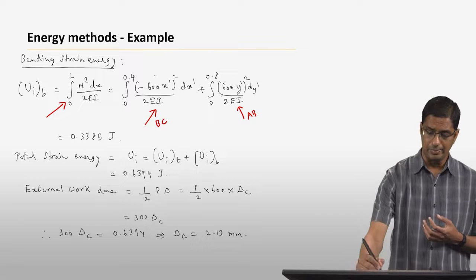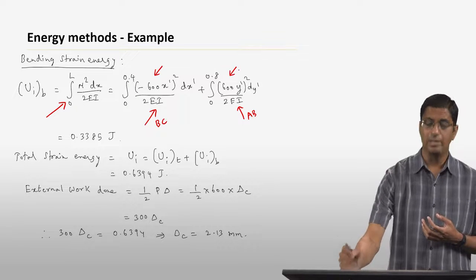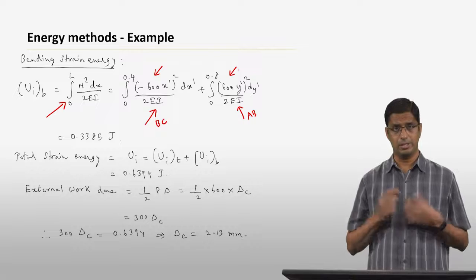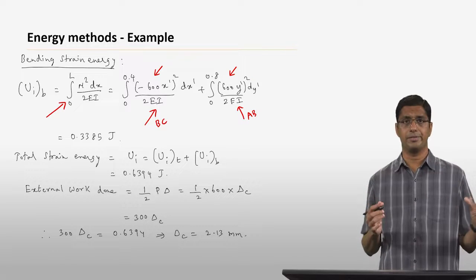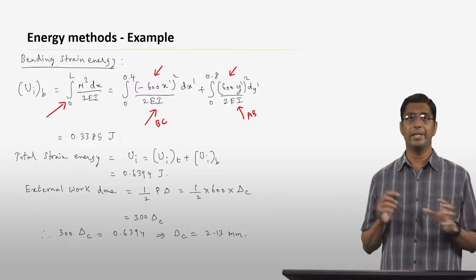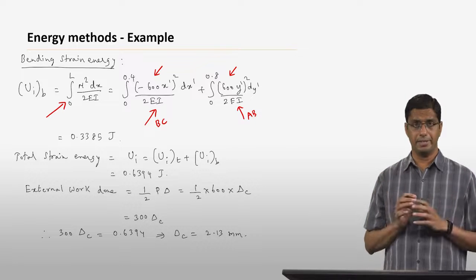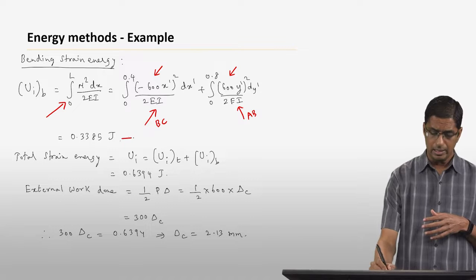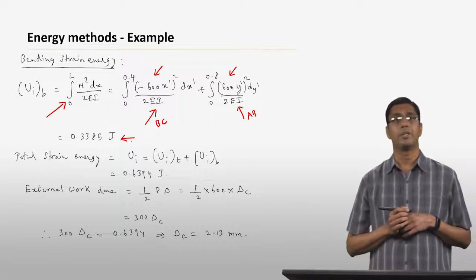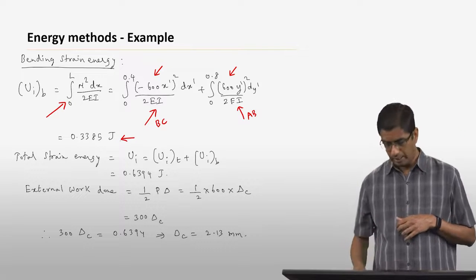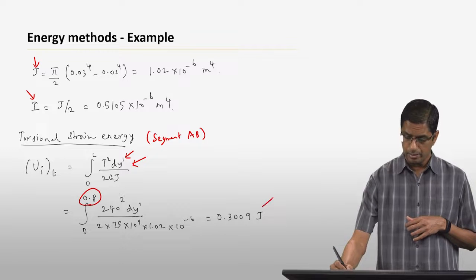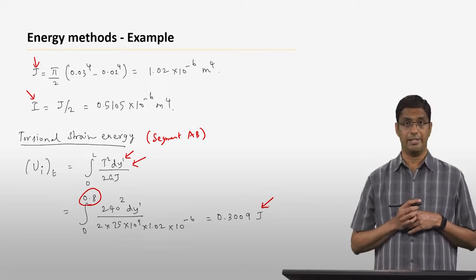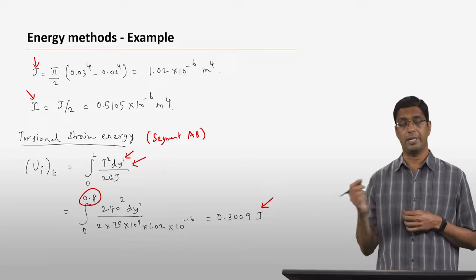And these expressions were the ones that we derived just a few minutes back. So essentially what we do is we take out the expressions for the bending moments in AB and BC, put it into the integral, and then perform the integration. If you do that, the strain energy due to bending turns out to be 0.3385 joules. And the strain energy in the case of the torsional strain energy turns out to be 0.3009 joules.